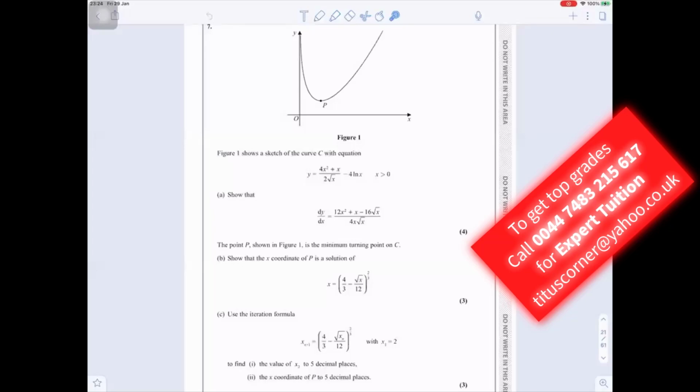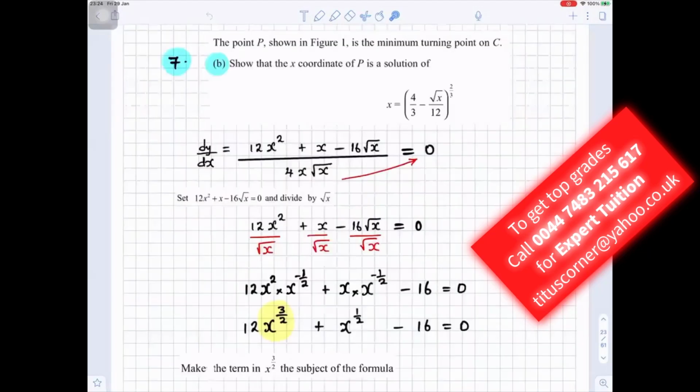The point P shown in figure 1 is the minimum turning point on C. Show that the x-coordinate of P is a solution of x equals 4 over 3 minus root x over 12, all to the power 2 over 3. So we have got that expression for dy over dx.